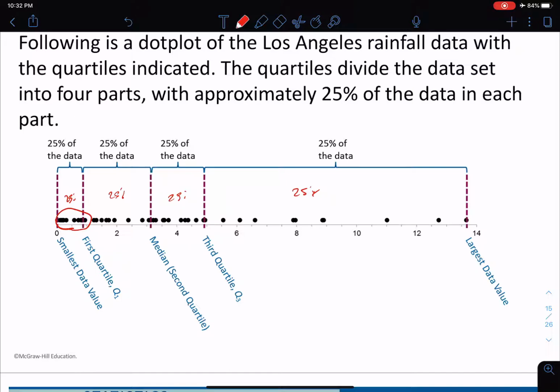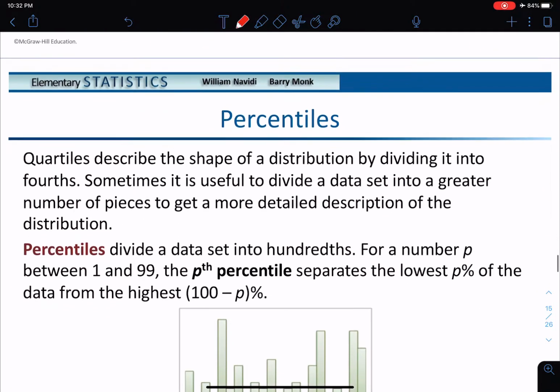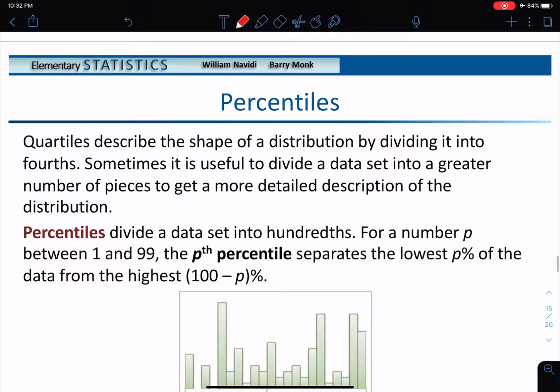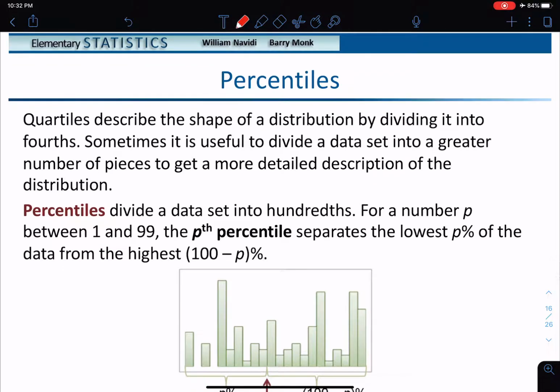Okay. All right, then moving on, percentiles. Quartiles describe the shape of a distribution by dividing it into fourths or quarters. Sometimes it's useful to divide a data set into a greater number of pieces to get a more detailed description of the distribution. When we do that, we're looking for percentiles.